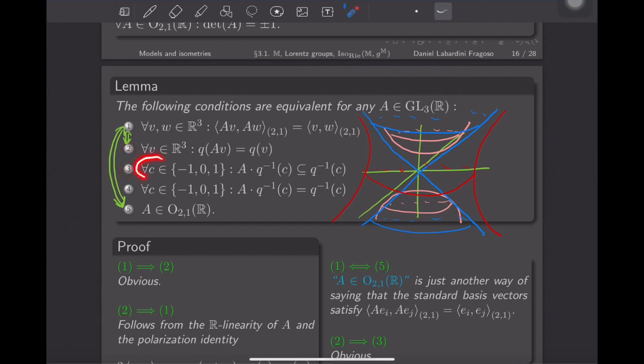You can tell me, look, this precisely says that A doesn't change the value of Q, that A applied to something that gives you C gives you C. But the problem is that I would be assuming this only for these 3 values, and this one is really for all possible values of C. So how do I extend from just knowing it for these 3 values to knowing that for all values of C the same happens?